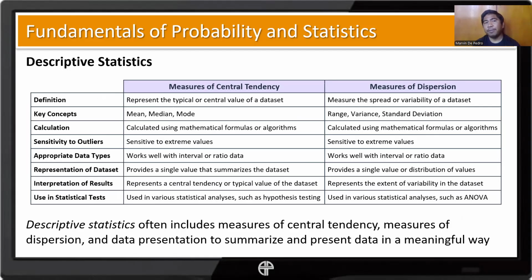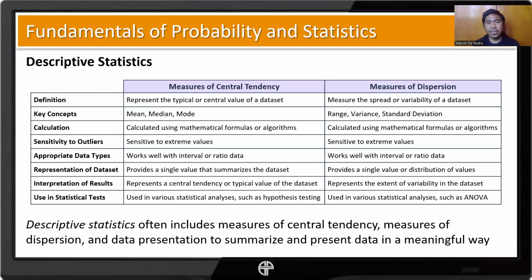Actually, with the help of the mean, median, and mode, we can get an initial indication of whether our data set is normal or not normal. When it comes to interpretation of results, measures of central tendency represent the typical value of the data set. The typical, the centermost, if it is a normal distribution, so we have a bell-shaped curve, the centermost is our typical value. Usually we consider that as our target or most accepted value.